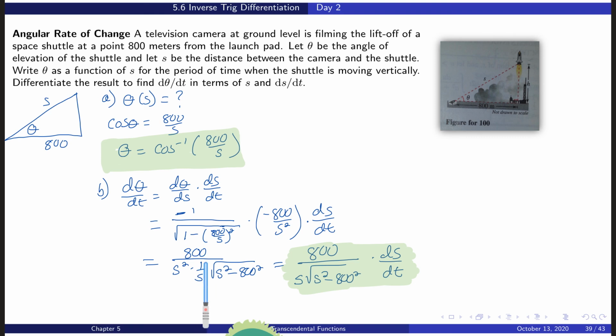To verify where this 1 over s came from, square this and bring it back inside. 1 over s squared times s squared is 1. 1 over s squared times 800 squared is 800 over s, quantity squared. So that's how I get rid of the denominator, by bringing it out. S squared times 1 over s simplifies into this, and our final answer is that. And we're allowed to have s and ds dt in our answer because we were told that that's acceptable.